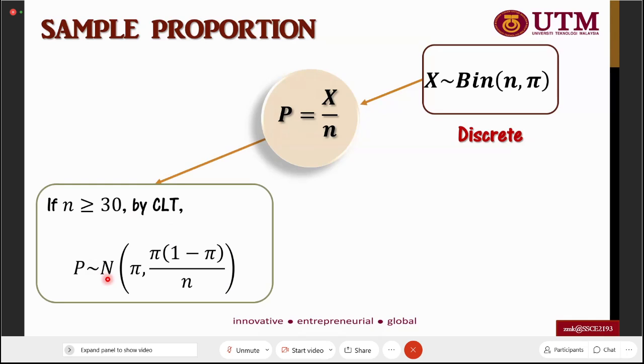Similarly, the variance is the variance for x over n.